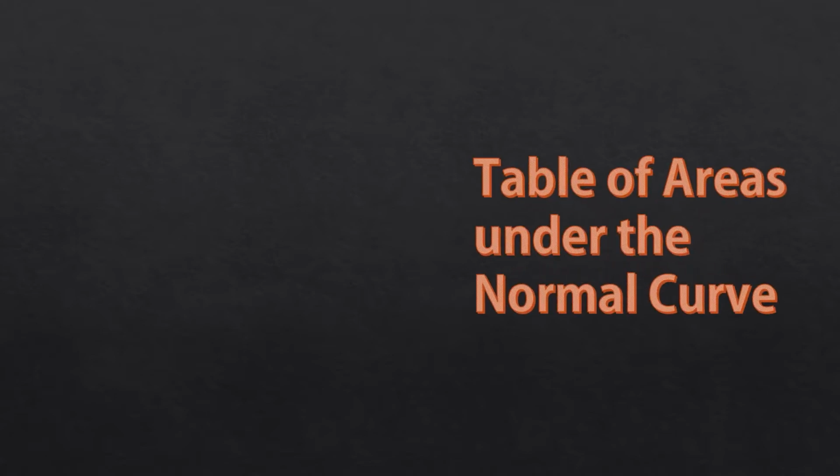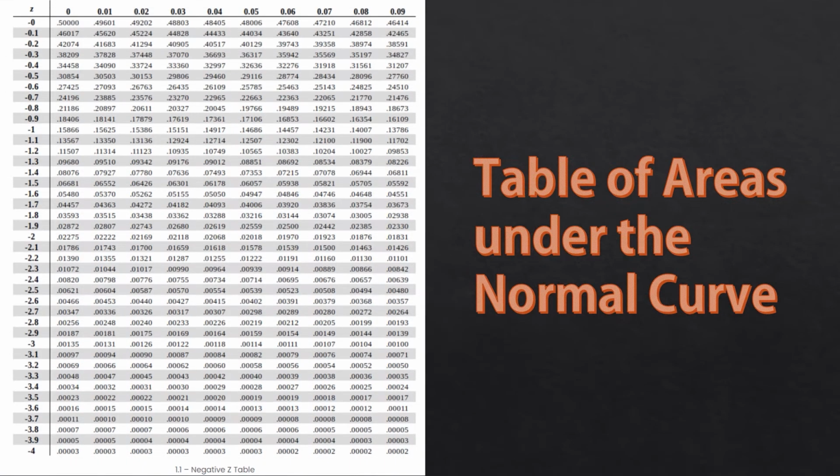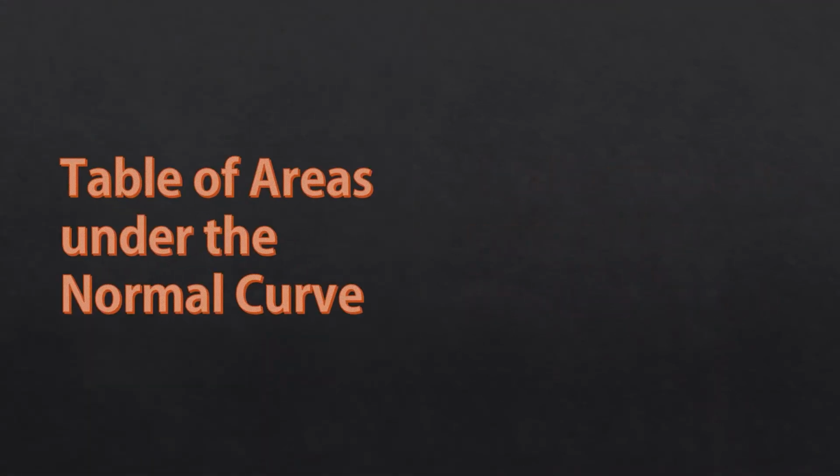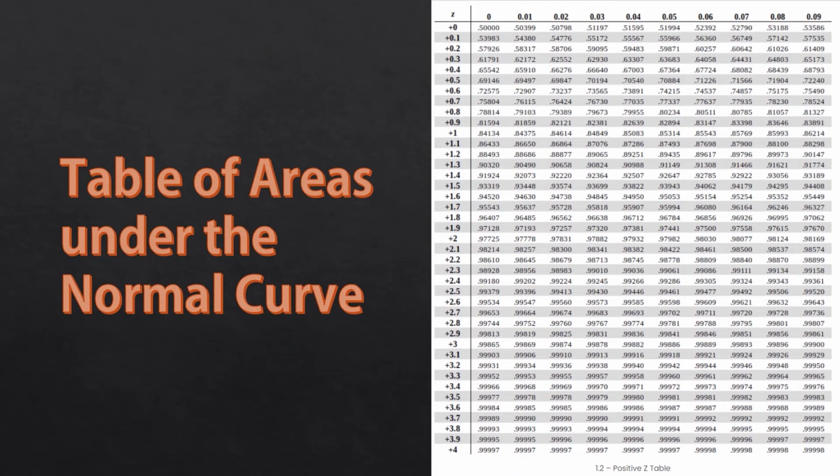Now, how are we going to read this table of areas under the normal curve? First, this is the negative z-table, wherein you will see that we have negative z-values. That's why it's called the negative z-table. And we also have the table of areas under the normal curve for positive z-values.